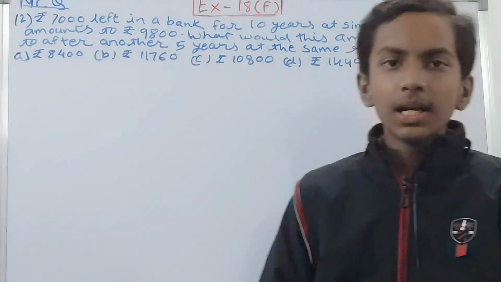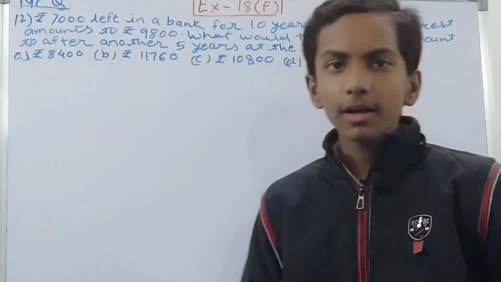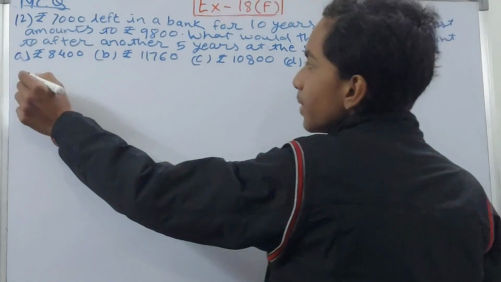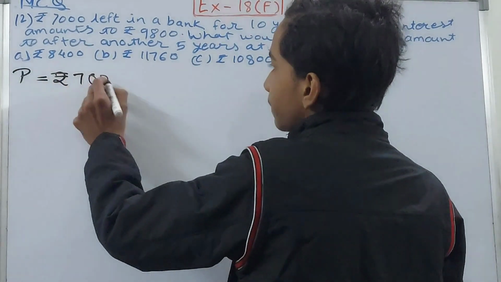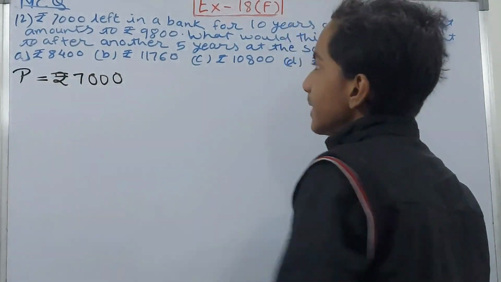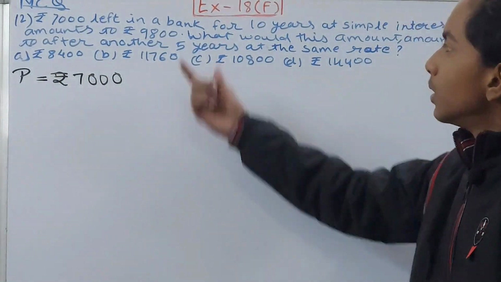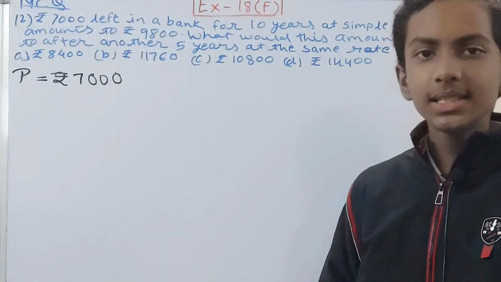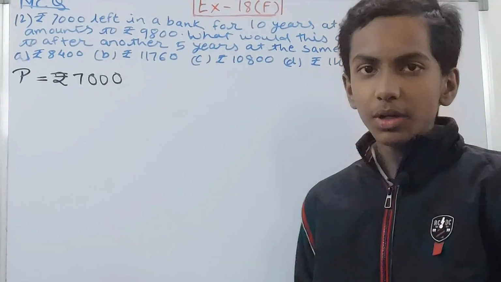Now you see here that 7,000 rupees are left in a bank for 10 years, right? So our principal is rupees 7,000, and it says this 7,000 after 10 years amounts to 9,800. That is our amount that we get, that is principal with the simple interest.